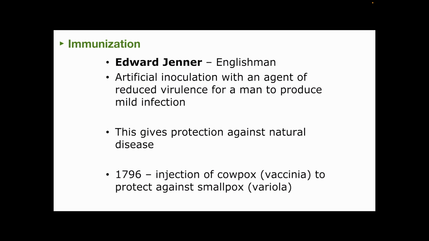And so, what Edward Jenner did was he vaccinated people against smallpox, but then he used another disease which was cowpox. Now, he had heard a milkmaid who said that I will never get the smallpox because I have already had the cowpox.